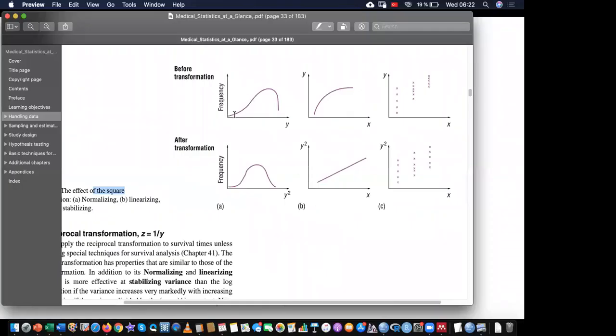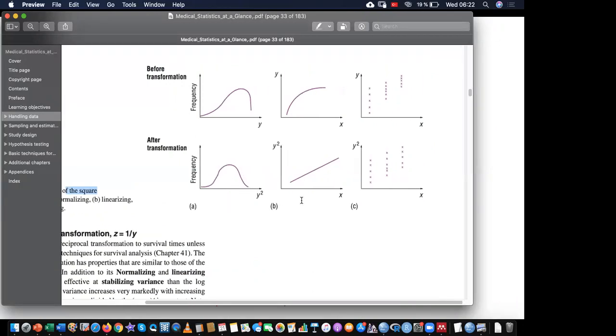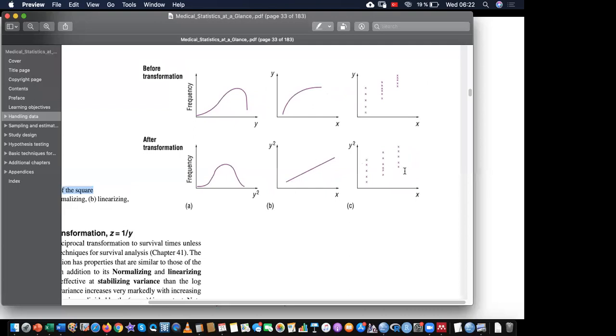If you have a left skewed distribution, as shown here, and you apply the square transformation, then you can expect that it will become normalized. The same applies for linearization and variance stabilization.